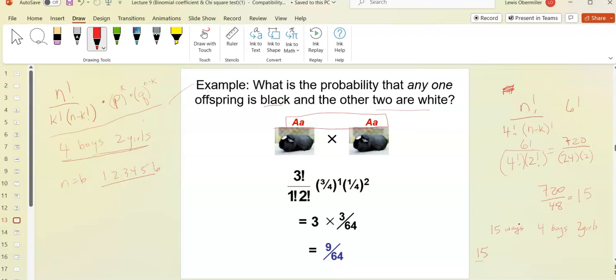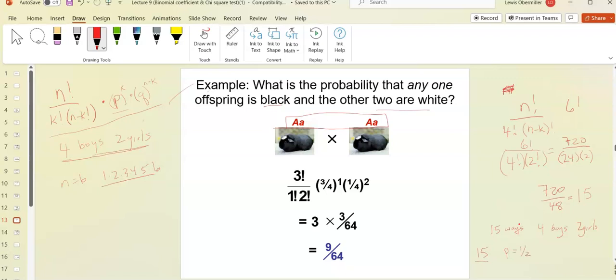All right, so we know how many different combinations we have. And now the orders are set, right? There's 15 distinct orders. So now we multiply it by that probability, right? So we have the probability of k. In this case, we made k equal boys. So the probability of boys is 1/2, right?